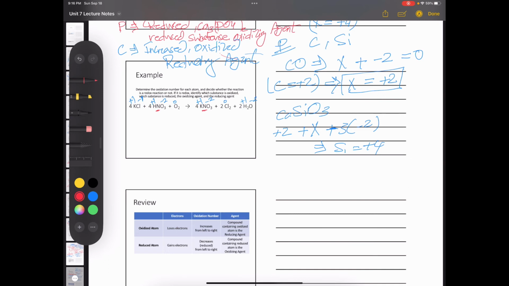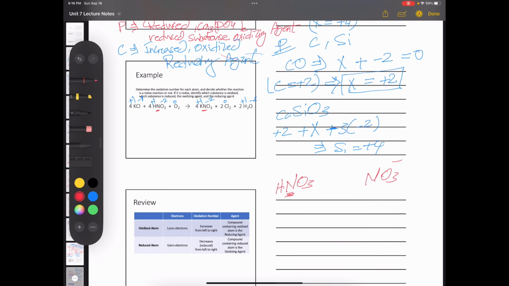Then we can identify our reducing and oxidizing agents and the oxidized substance. So for the nitrogen in the HNO3, I can either figure out the oxidation number from the nitrate, or I can just do the HNO3 as a whole. So what I will do is the HNO3, to take it the long way, so you can see, because when we did the calcium phosphate, we did just the phosphate.